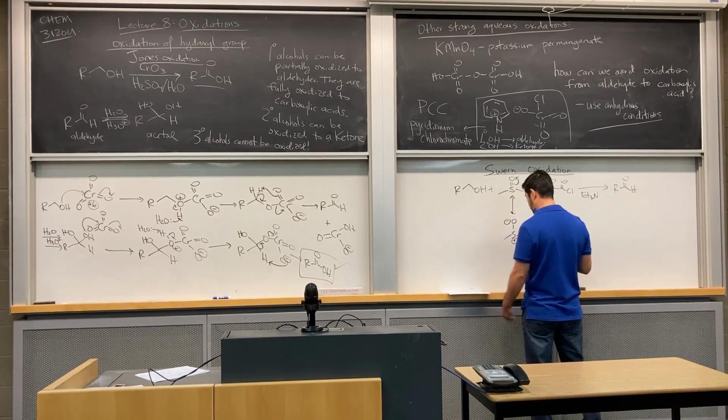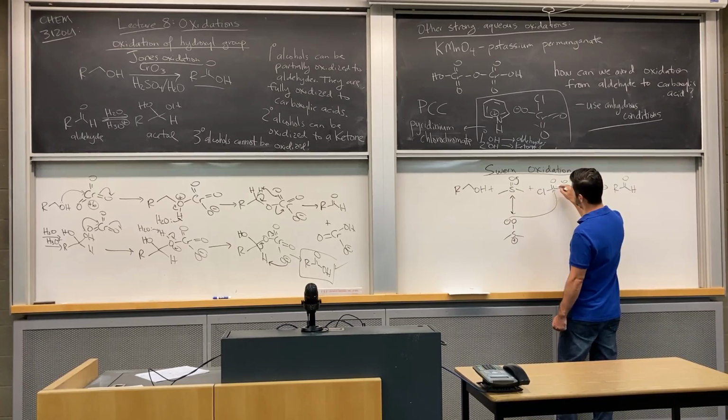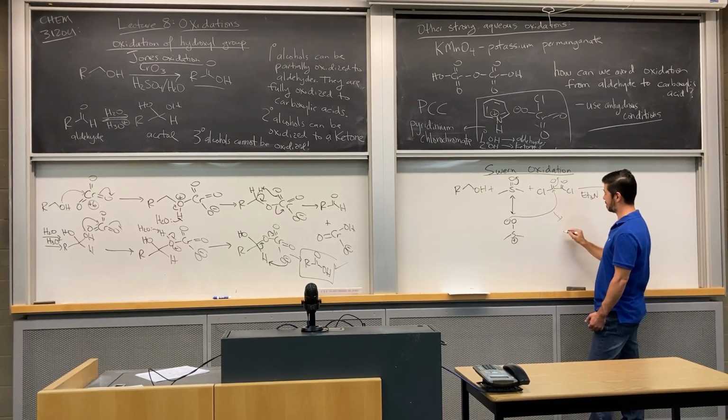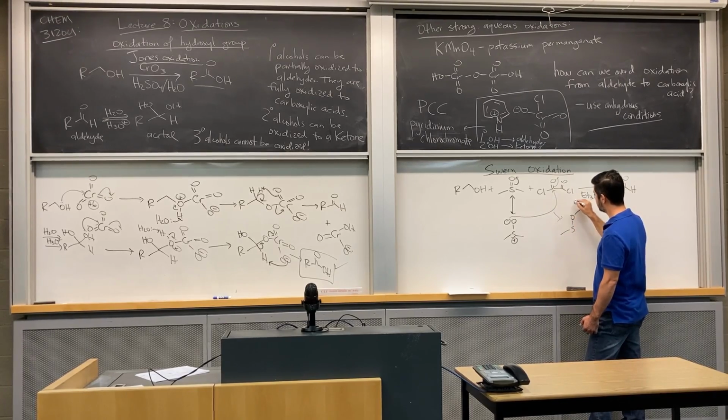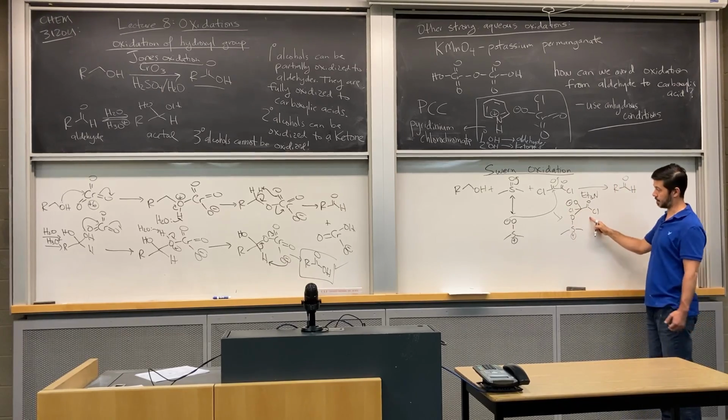So what happens when that happens? This O negative will come here, attacks one of these carbonyls. It doesn't matter which one because it's a symmetrical molecule. Form your tetrahedral intermediate. You have a Cl attached, and it's going to look just like this.